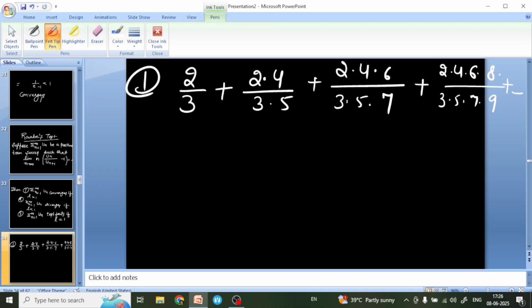This is the given statement. We have to implement Raabe's test for testing convergence.